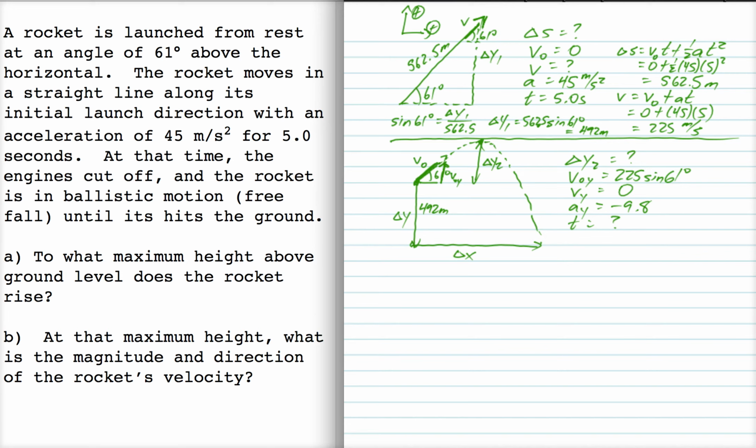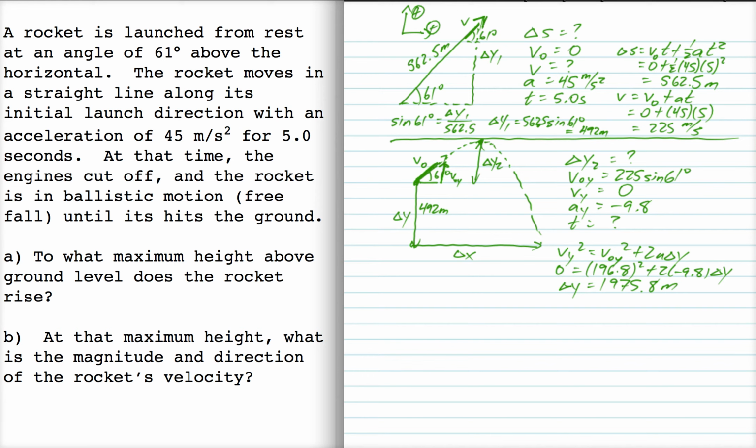Okay, so I can find delta y now. I use the equation that doesn't have t in it. So 196.8 is my initial y velocity. That gives me delta y is equal to 1975.8 meters.